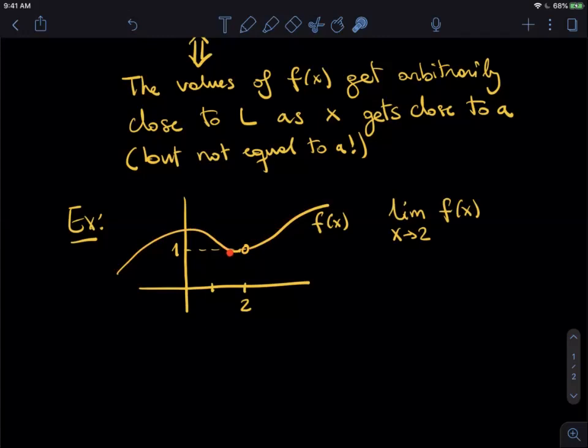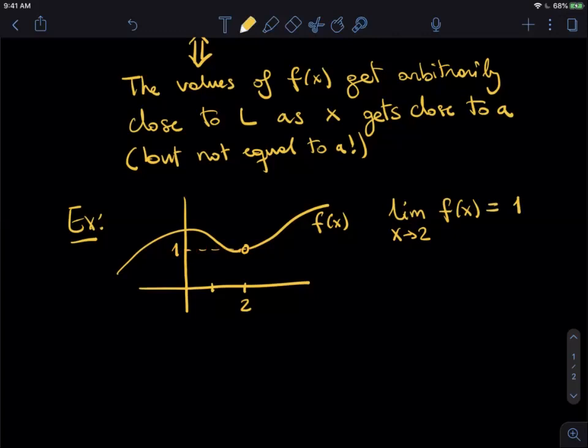As you go towards 2, it looks like they are going to end up at this point. So what is the limit then? The limit when x tends to 2 of f of x is equal to 1. This is a function that has a missing point there; it's not defined for x equals 2.